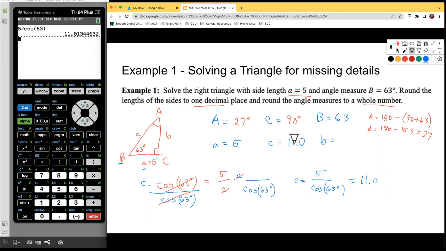Now we just have one last thing to find. We need to find this side, little b, and then we're done. Little b, we could look at as opposite over adjacent. We could also use some of the other sides, but when you're solving a triangle, it's always best to use the information you were given.